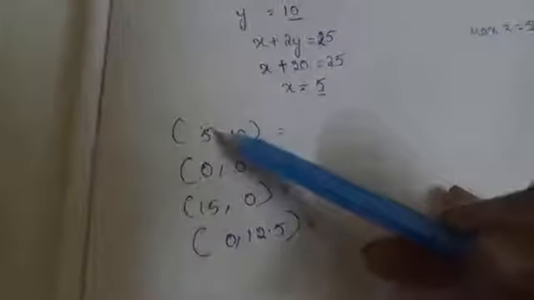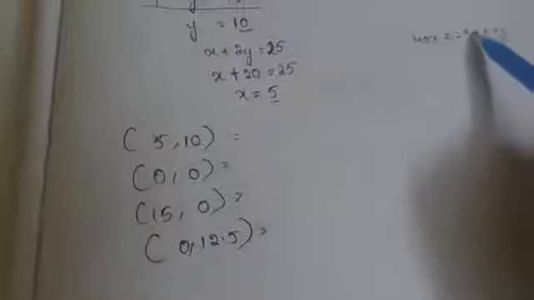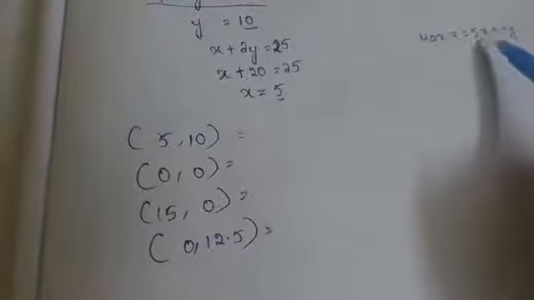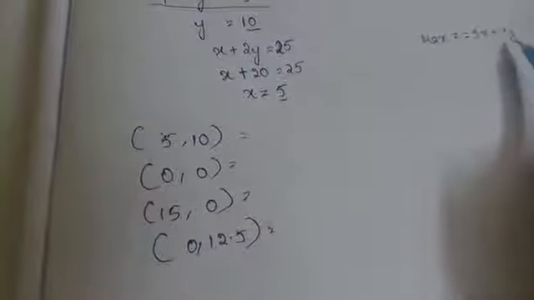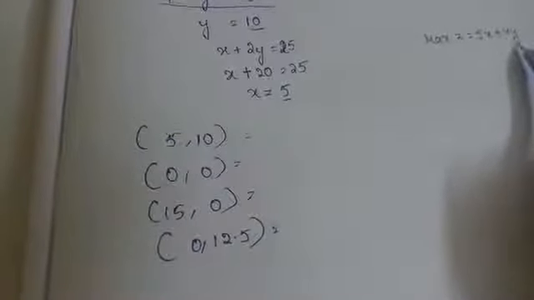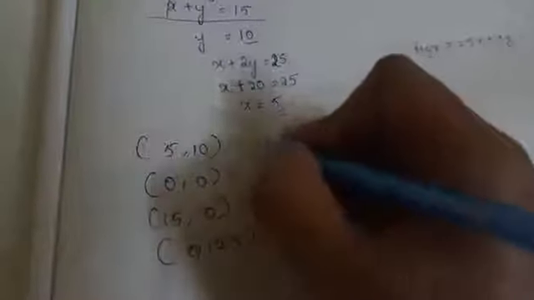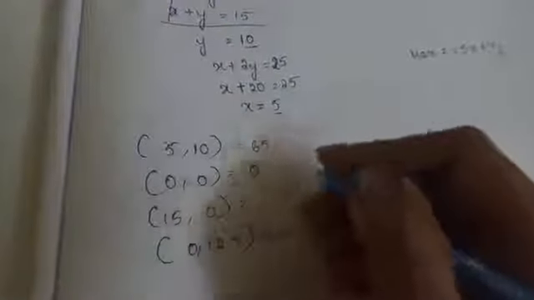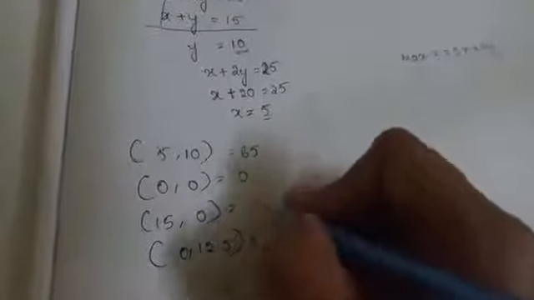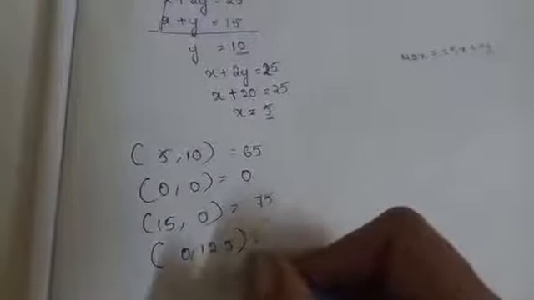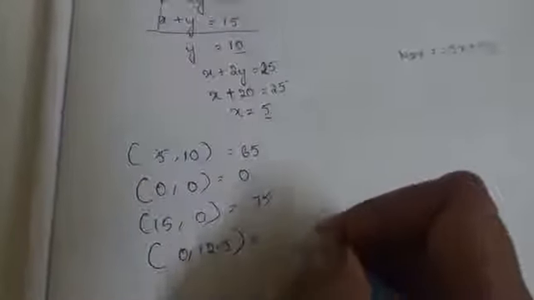So this is x, this is y, and this is the objective function. 5 into 5 plus 4 into 10. This becomes 65. This one is obviously 0. This one will be 15 into 5, that is 75. And this one is my 0 into 5 is 0. 12.5 into 4 is 50.